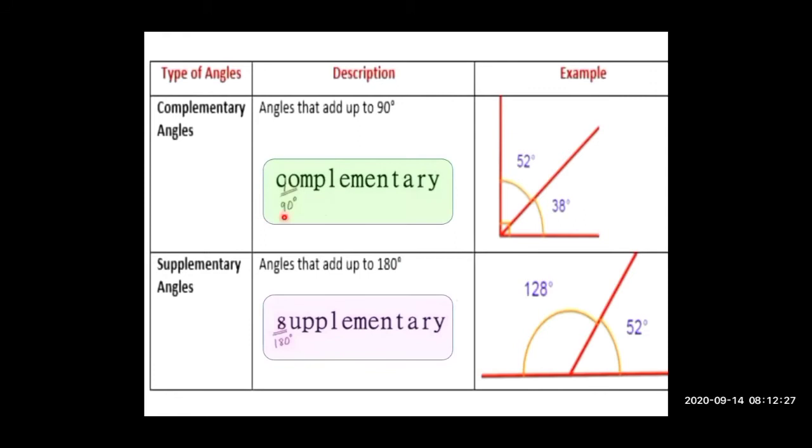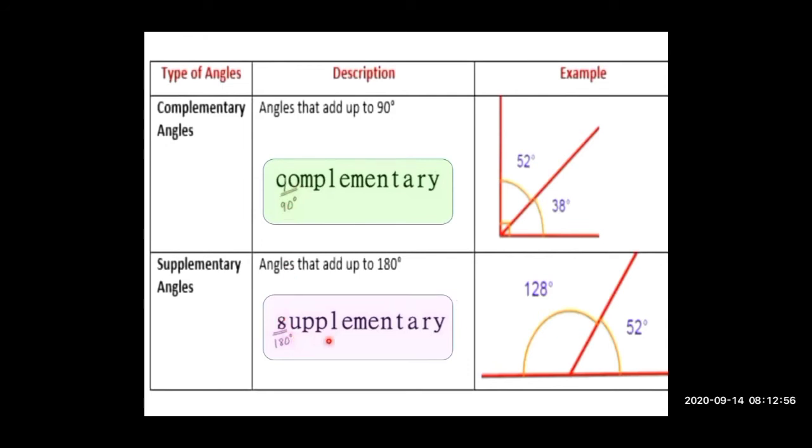So children, one easy trick to remember complementary angle and supplementary angle. In the spelling of complementary, draw a vertical line through the letter C. So it will become 9. And O we assume as 0. So complementary actually looks like 9 and 0. This is 90.